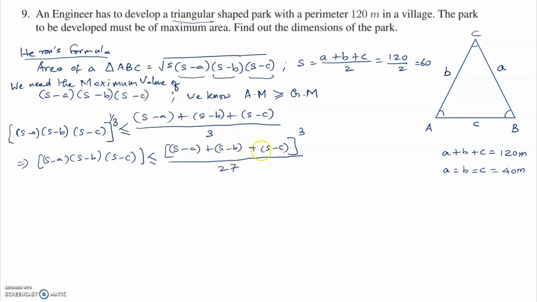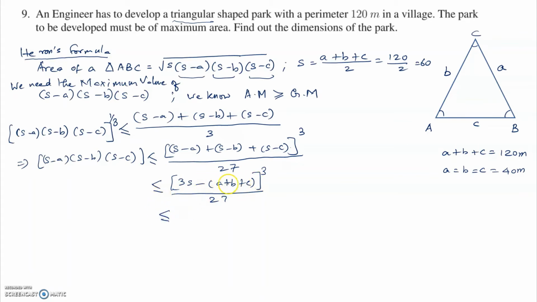Now this is nothing but 3S minus (A plus B plus C), so let me keep this sign as it is, to the power cube divided by 27.